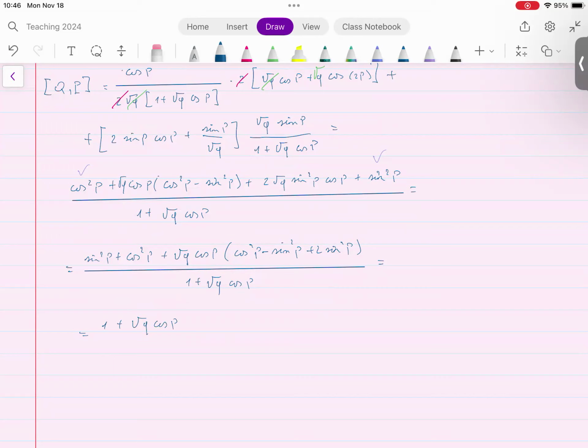You all see that this is 1. It's cosine square plus sine square. And in the denominator, I do have 1 plus square root of q cosine p, so it is equal to 1. Great. That's exactly what we were hoping to find.